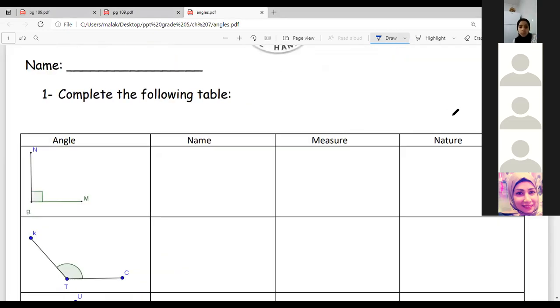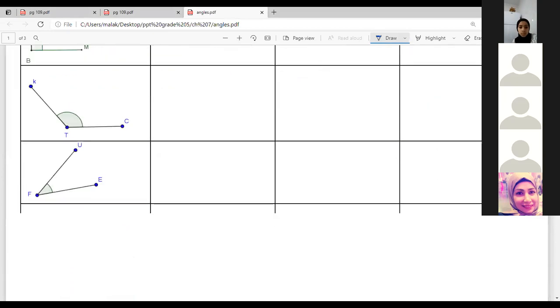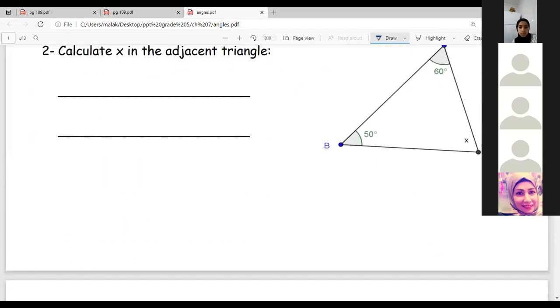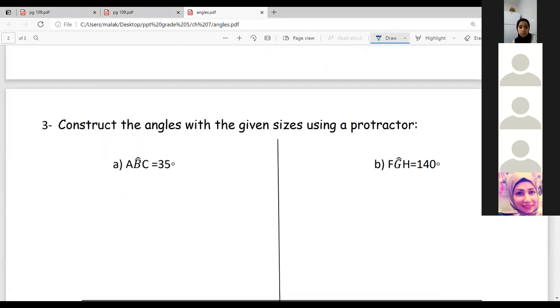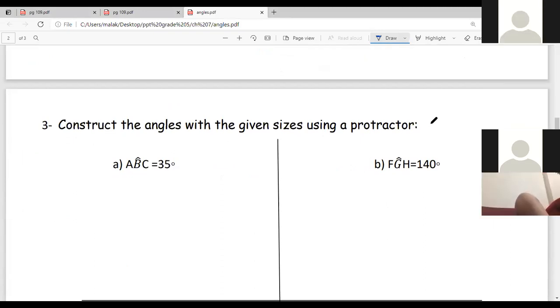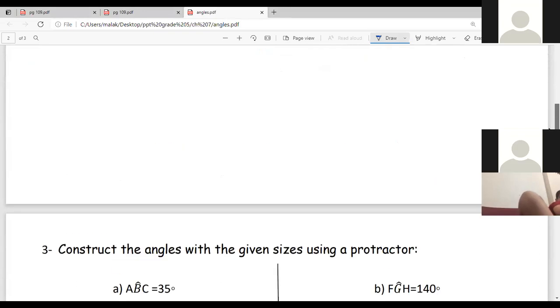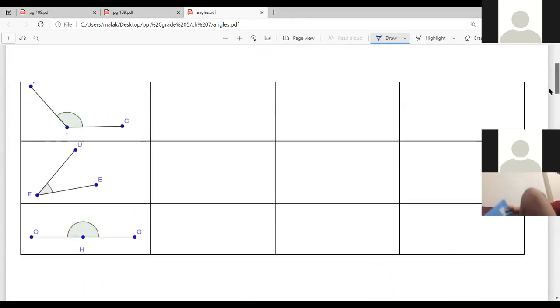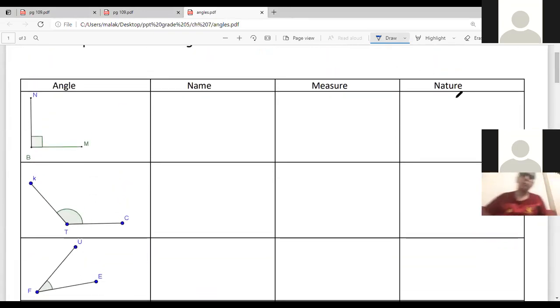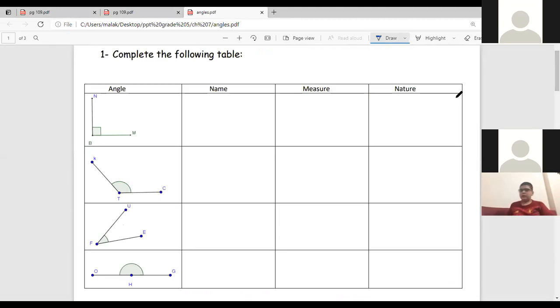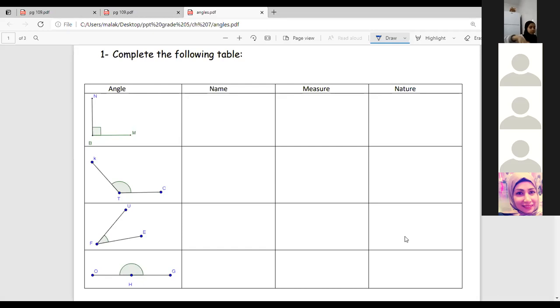Before we start correcting our homework, please stay mute. Before we start correcting homework exercise 3, we will start with exercise 1 on the extra sheet. Sorry, teacher, I don't have the sheet.